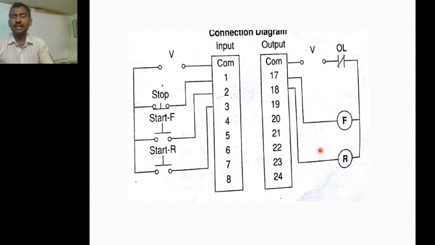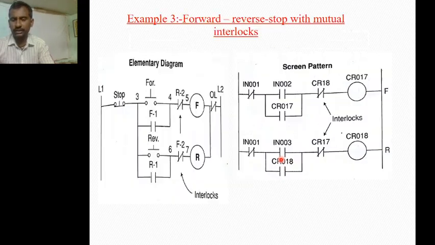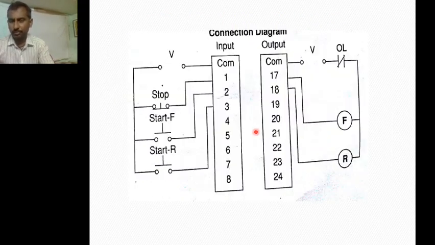And this is the connection diagram. Here, how many inputs do we have? A stop button, one start button for the forward direction, and one start button for the reverse direction. What are the outputs? Forward direction and reverse direction. The program which we discussed in the previous slide will appear in the PLC CPU, and for that PLC CPU, on one side we have the input module and on the other side the output module.